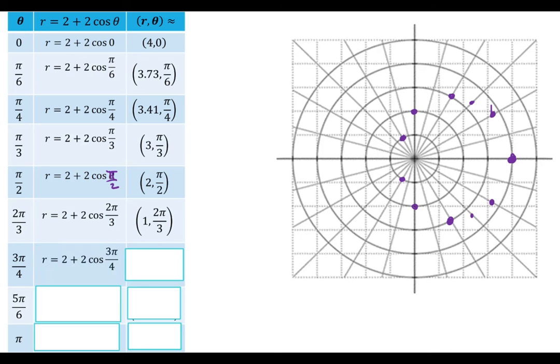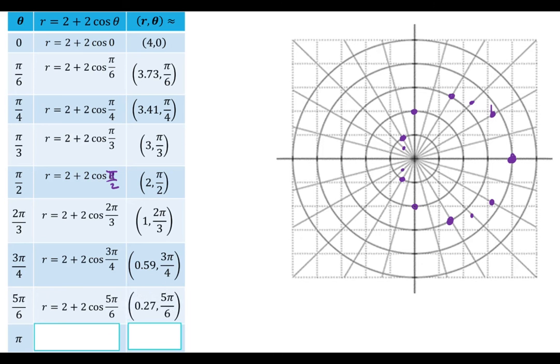Then plug in 3 pi fourths. When we plug it in, we're going to get 0.59, about right there. Then 5 pi sixths, we get about 0.27, and so that's going to be about right here, mirror point about right here.